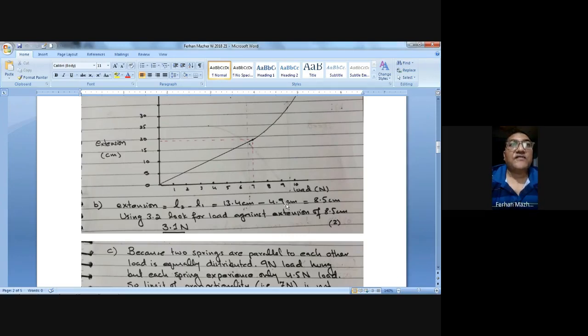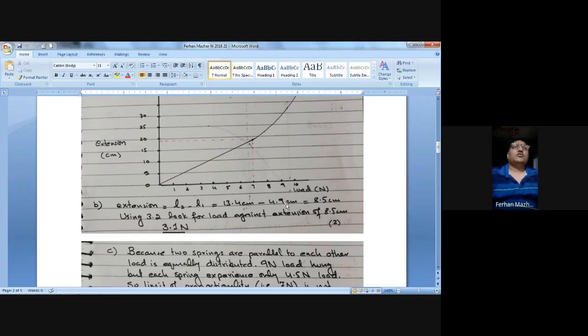From the 8.5 centimeter extension, come to the graph, and when that line touches the extension load graph, check what is the corresponding value of the load. And when you do that, you will see the value is approximately 3.1 Newton.